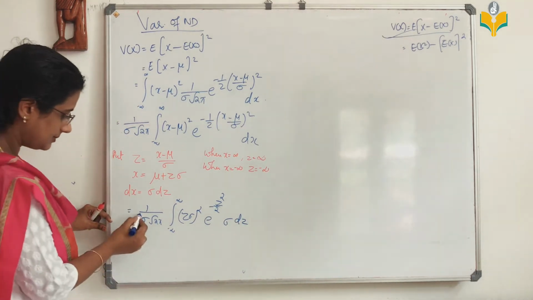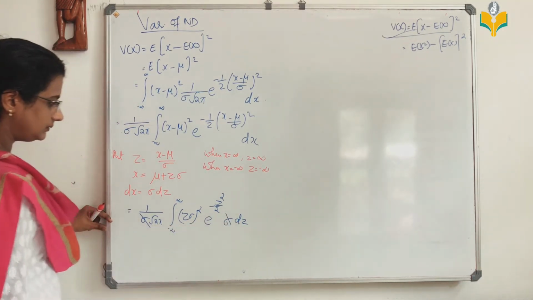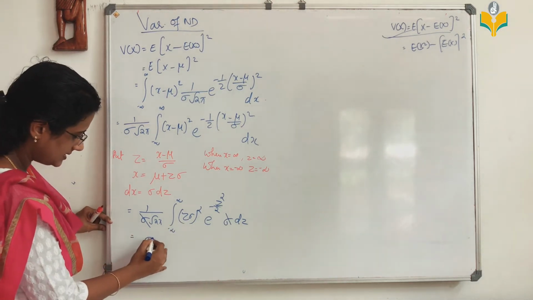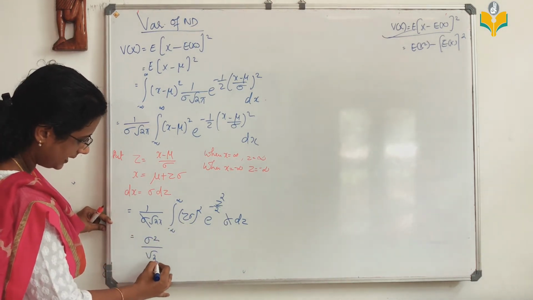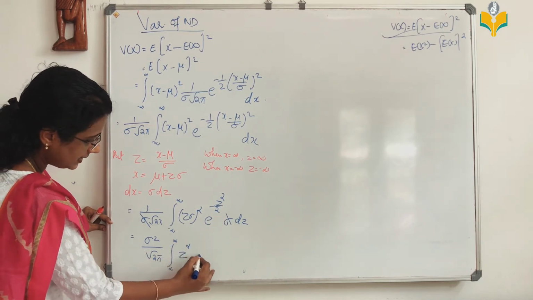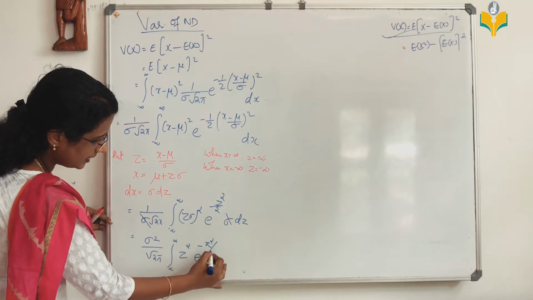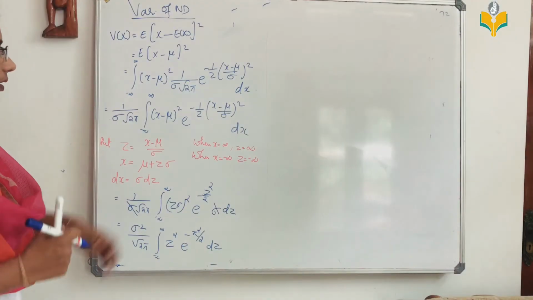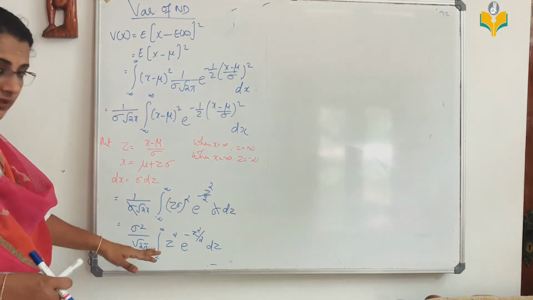Alright, now sigma and sigma will be cancelled. Sigma square is a constant, can be taken outside. Sigma square by root 2 pi into integral minus infinity to infinity z square into e raised to minus z square by 2 dz.